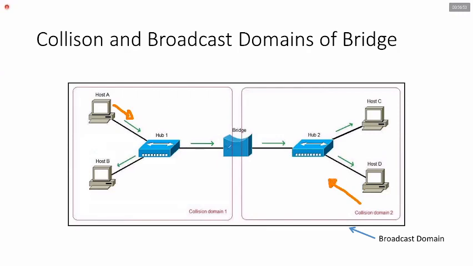So we'll assume A is trying to message somebody and D is trying to send a message to somebody. Is there a possibility of getting a collision? A is sending a message. Let's assume it is sent to B.